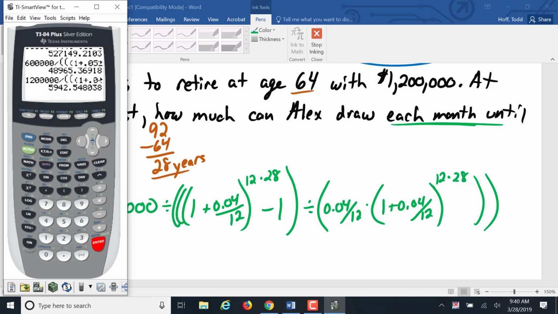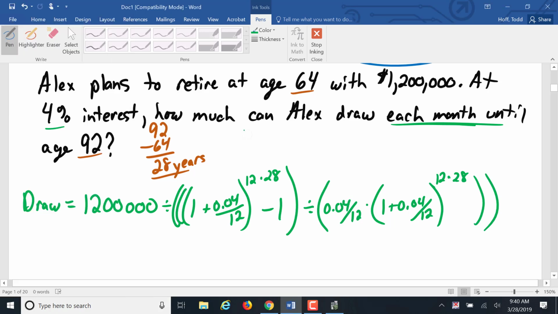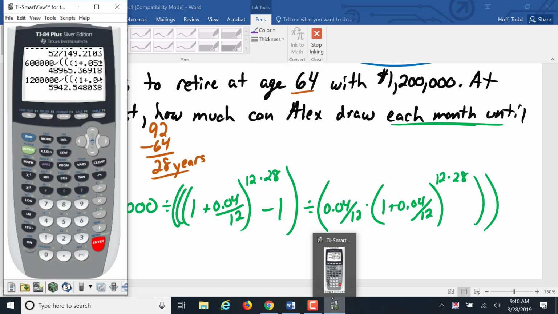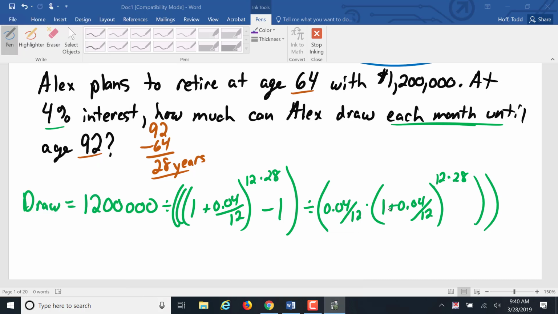So we get, on a monthly basis, Alex here can draw out $5,942.55.